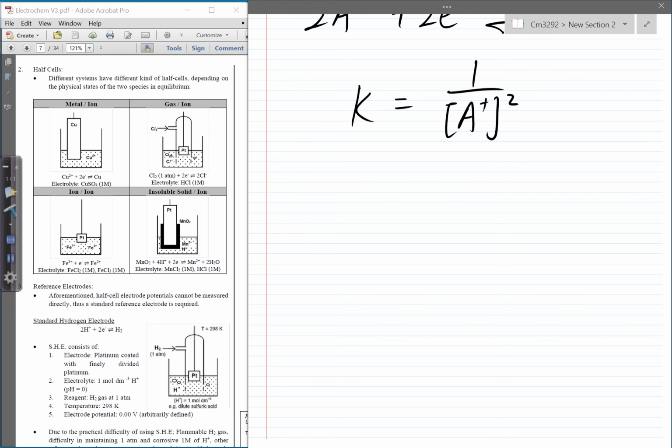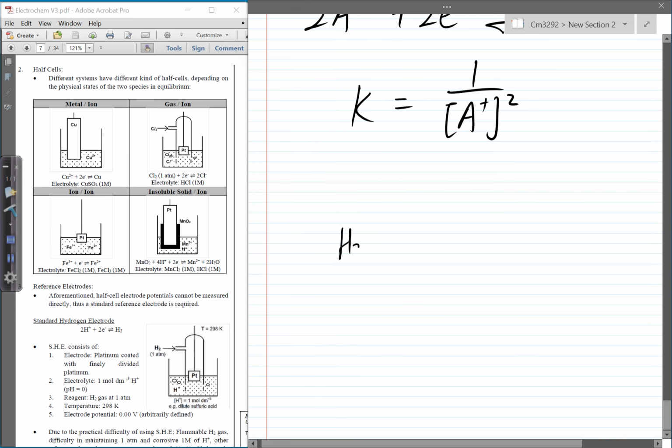Now, what if I use H2SO4? Do you think I should still use 1 molar of H2SO4? The answer is no, right? Because if I use 1 molar of H2SO4, H+ will be present in more than 1 molar. Take note that it's not 2 molar, because the first H+ is from a strong acid, the second H+ is from a weak acid, right? So it will be more than 1 molar.